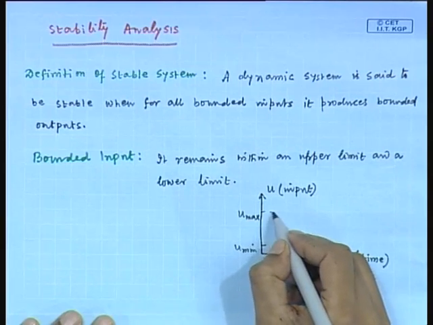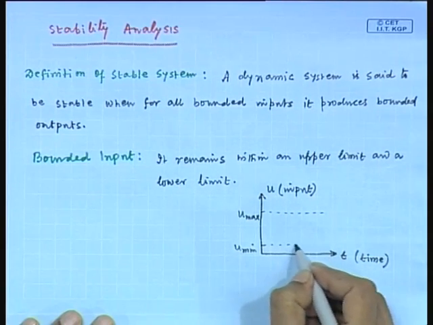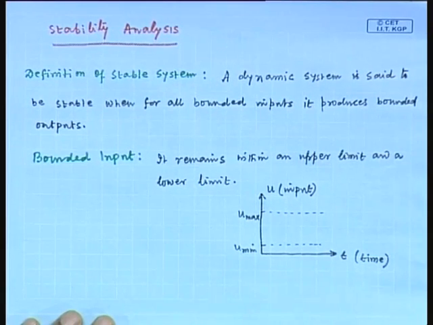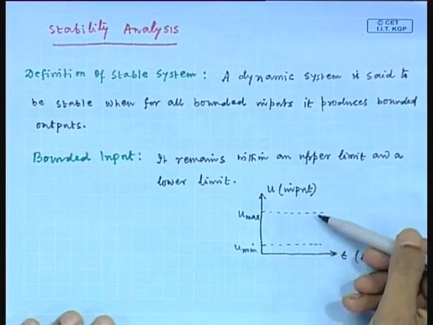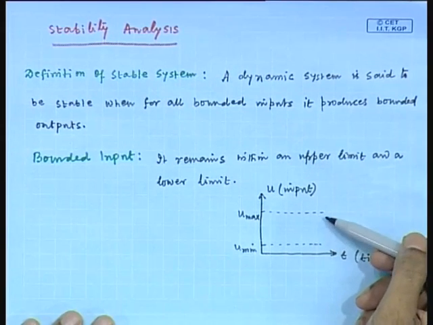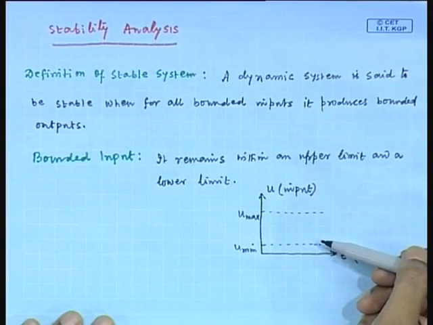Now, the input variable always remains within this upper limit and lower limit. It should not exceed the upper as well as lower limit. That is why it is called bounded input.